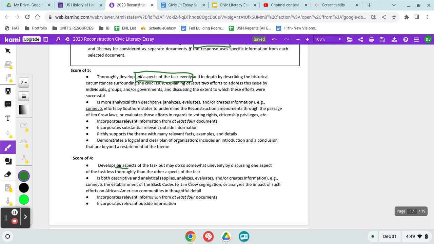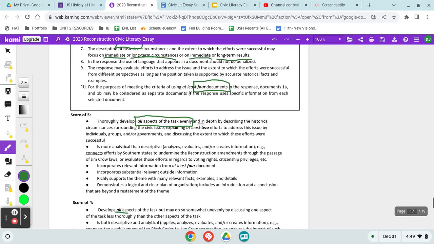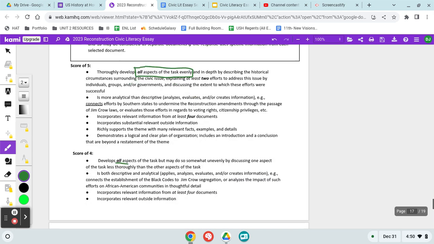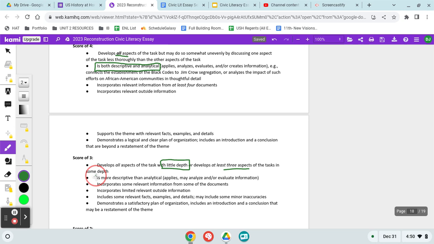The main thing is, yes, you want to be detailed. You want to make sure that you address all of the bullet points. And you need to be analytical. This is a long story, so I'll try to keep it short. When they gave the first Regents essay, and they gave us example papers last June 2023, the only difference between some 3s, 4s, and 5s was this bullet point of how analytical or descriptive the writing is.